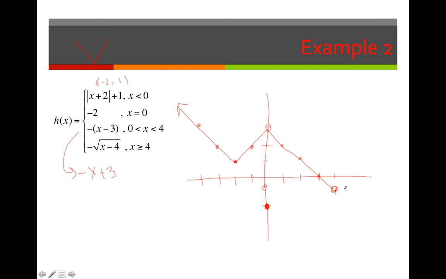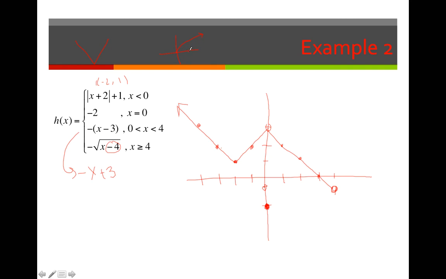And then the last one is the negative radical of x minus 4. Now, depending on what you remember from Algebra 2, we're going to learn this a little bit more a little bit later in this chapter, but that minus 4 tells me go right 4 units. And if you looked at page 102, you'll see that the square root function looks like this.